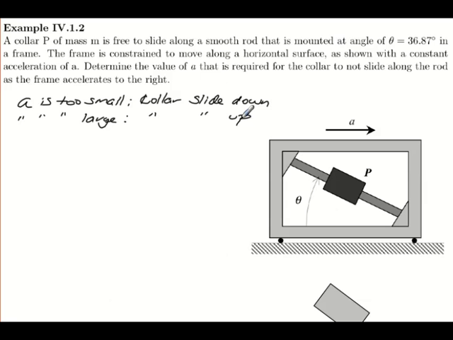What we're asked to find is, what A does it take to put it right there in the middle, where A is not so large that it slides up, it's not so small that it slides down, but right there in between. So let's look at the forces. Let's look at the FBD acting on the collar.